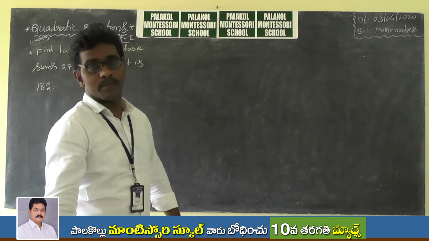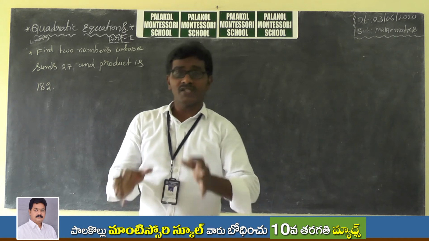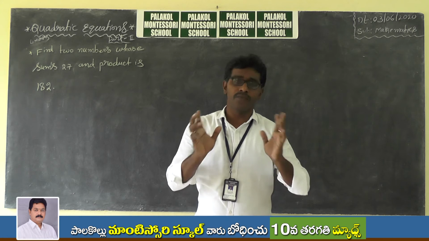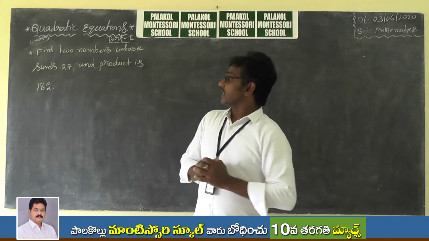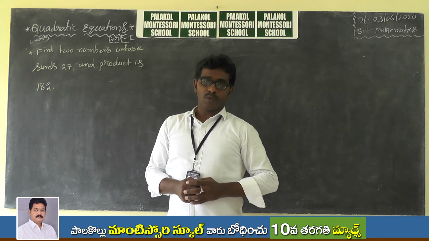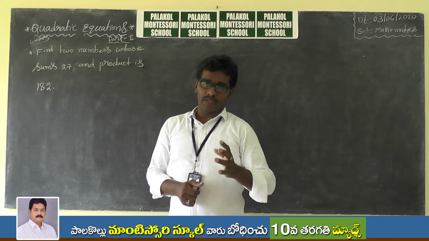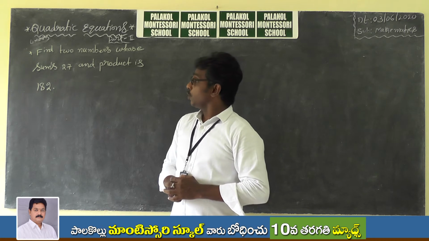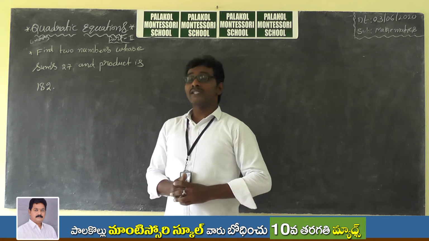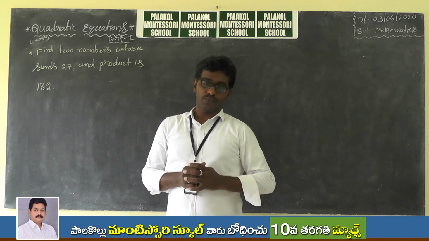Find the two numbers. Guys, first study that sum. That means you read the sum carefully. See, find two numbers. This type of question is given in competition exams. So find the two numbers whose sum is 27 and whose product is 182.